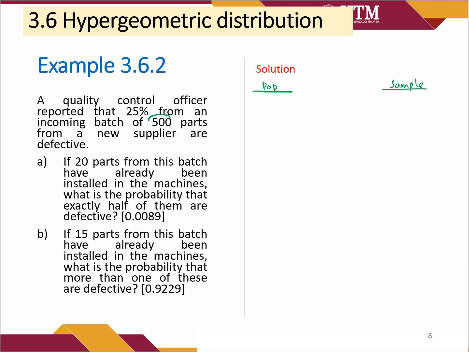We have 500 parts, so this is our big N. And K would be 25% of the batch of 500 parts, so times 500, which equals 125. This 125 is the number of parts that are defective.